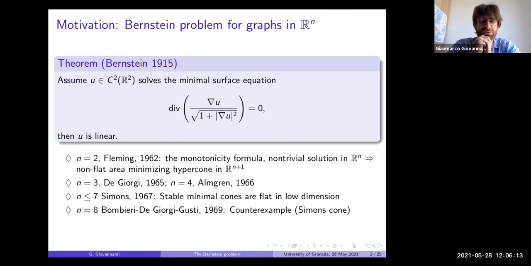And 2 years later, Bombieri, De Giorgi, and Giusti showed in dimension 8 an incredible counterexample that now is called the Simons cone. That is a cone that is not flat, that is an area minimizer, and so solved the Bernstein problem.